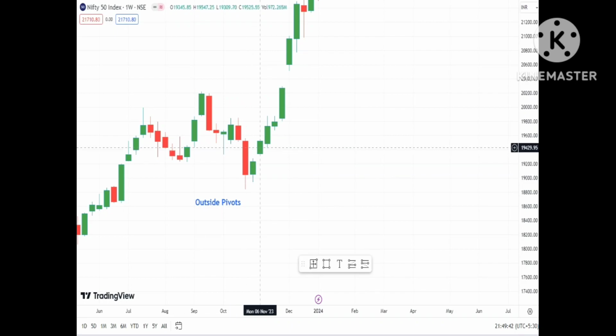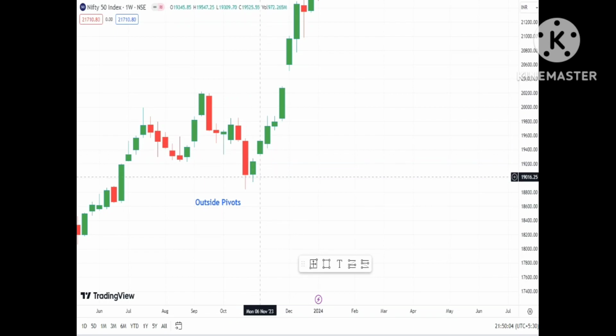The fifth candle: first, second, third, fourth, fifth. The fifth candle's high has crossed above the high of the main middle candle. So this is a double outside pivot, or outside pivot in simple terms.